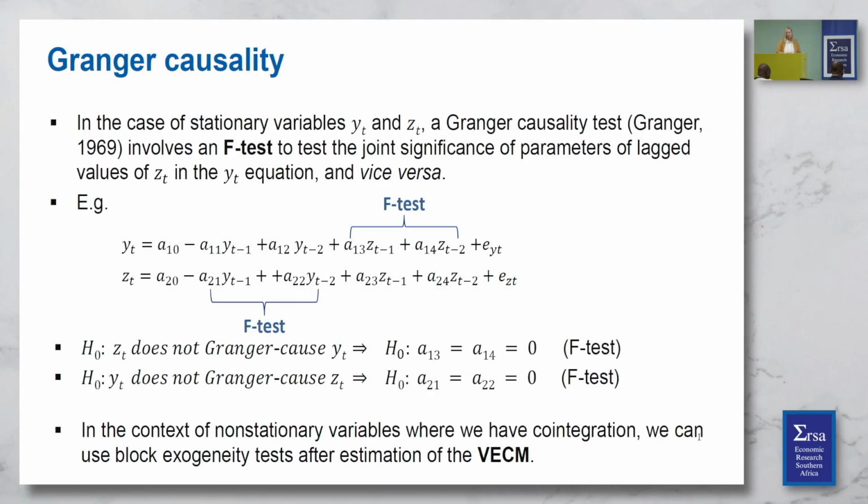Typically, as a side issue, when we do a VAR, we can also look at the Granger causality. And sometimes the Granger causality test is just used on the side to test whether we have a univariate or a bivariate causal relationship.